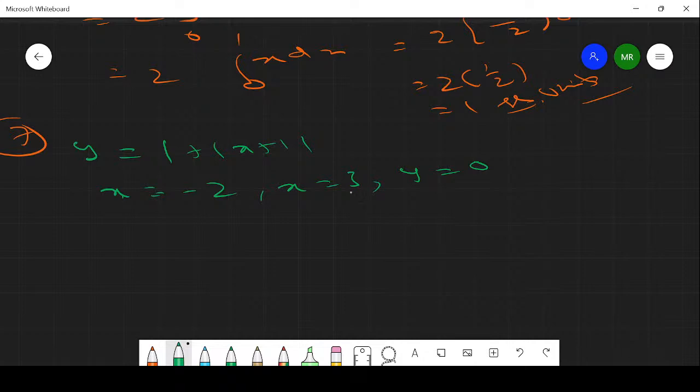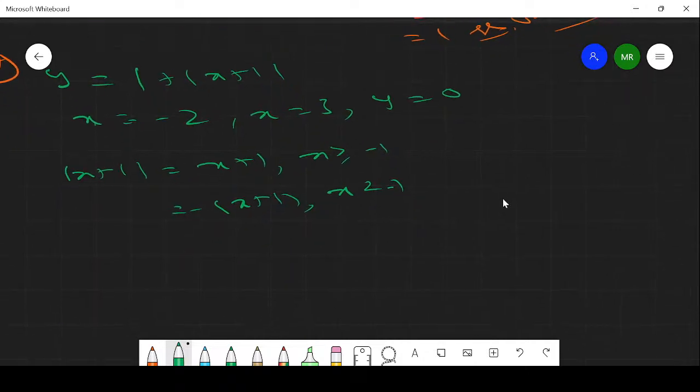Always remember, mod x plus 1 is equal to x plus 1 when x is greater than or equal to minus 1, and equal to minus of x plus 1 when x is less than minus 1.